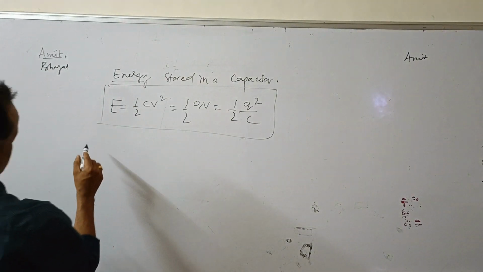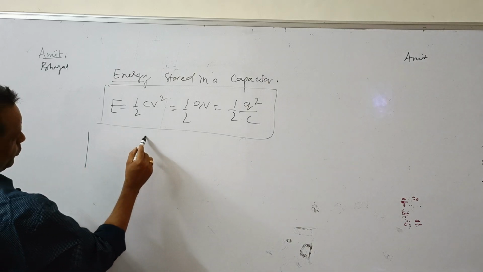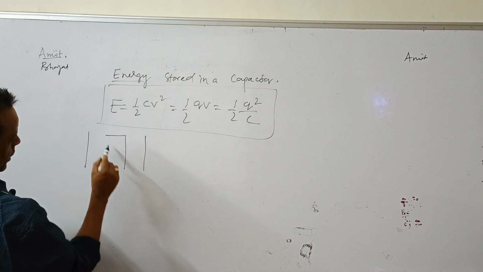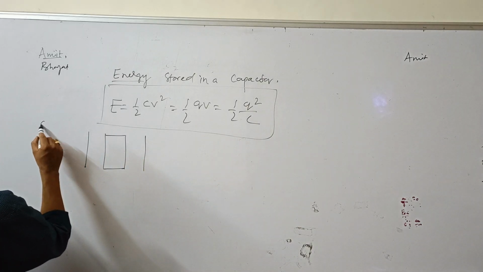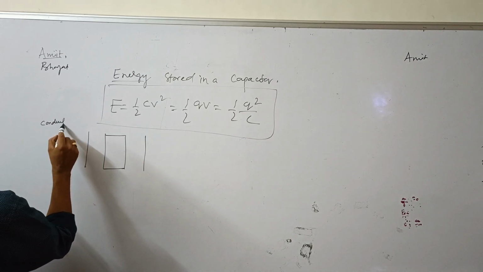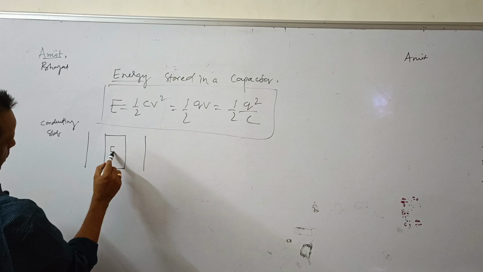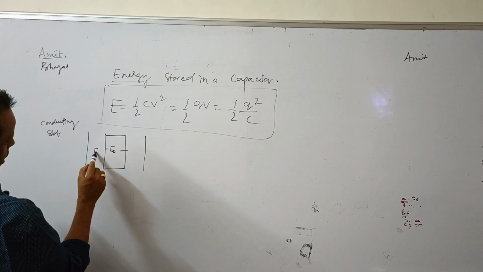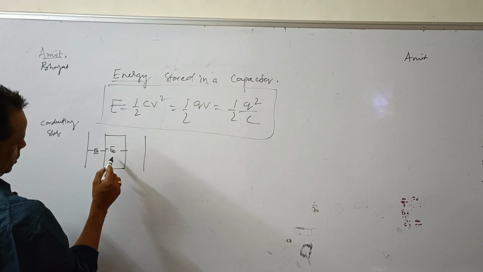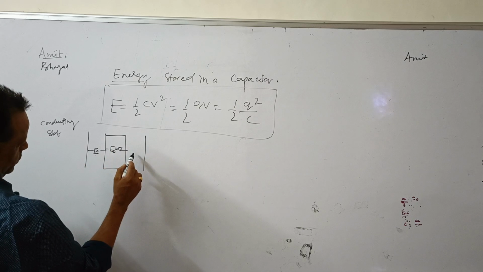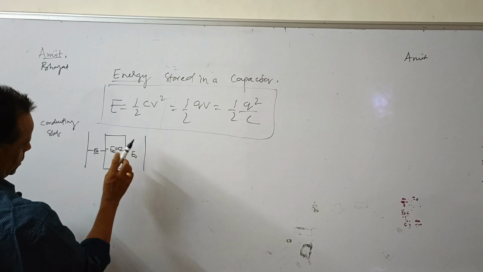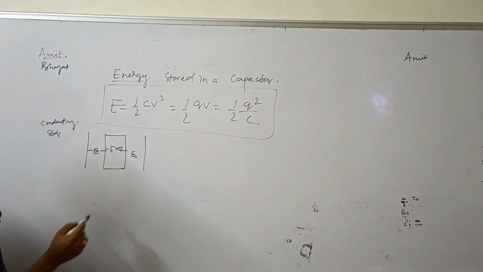Suppose we have to find the capacitance of a capacitor with a conducting slab inside it. Over here the electric field will be 0, over here E naught, over here 0, and over here E naught.